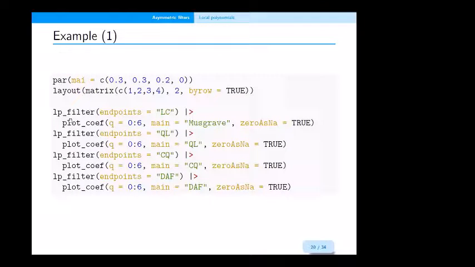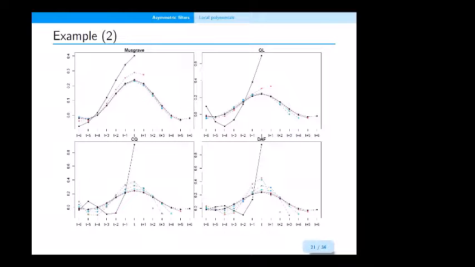So, for example, to extract the different moving averages, you use the alpha filter function, specifying the different methods, and plot the coefficients with the plot coef function. Simply analyzing the results, you can directly see that with those filters you will have a lot of revision between the first estimate, computed with this moving average, and the last estimate, computed with the Anderson filters.